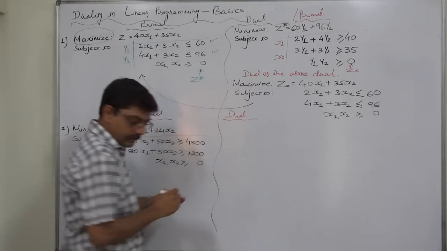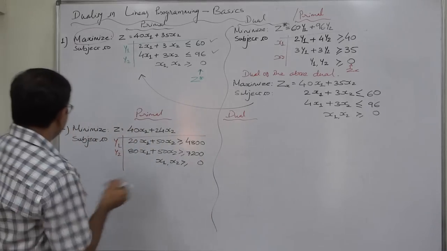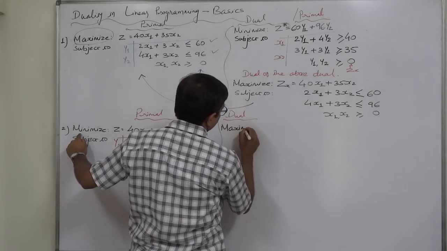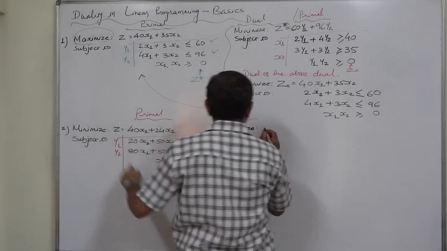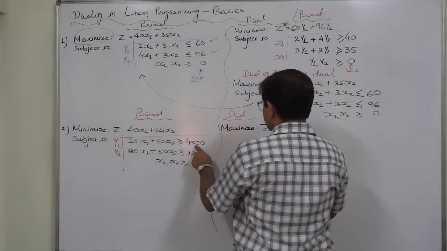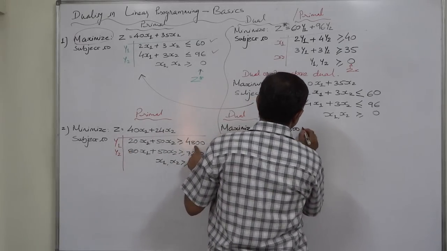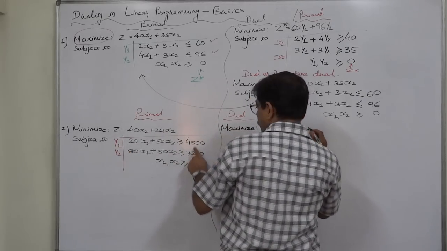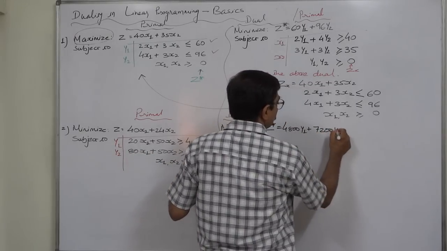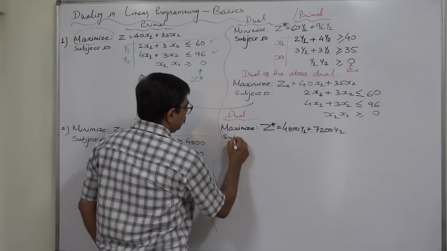Let us write its dual. The objective of the dual will be maximize. Z star or Zy will now be 4800 y1 plus 7200 into y2, subject to.